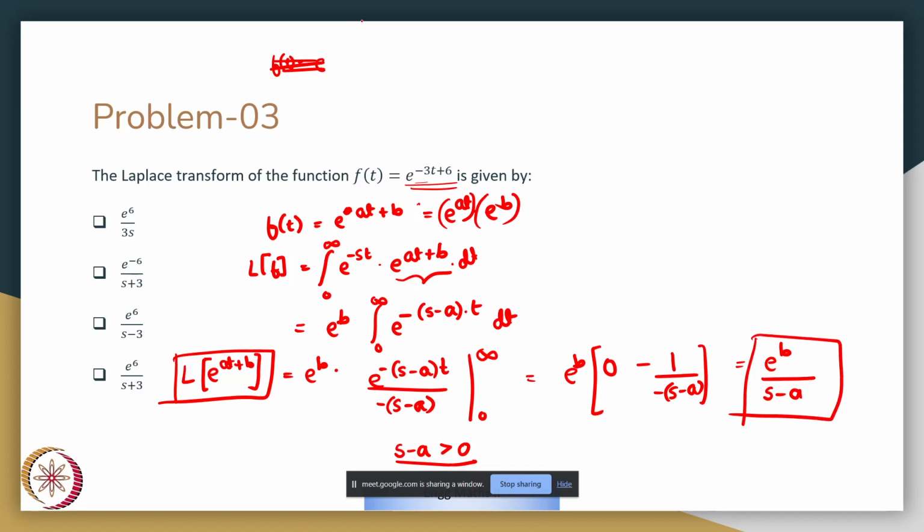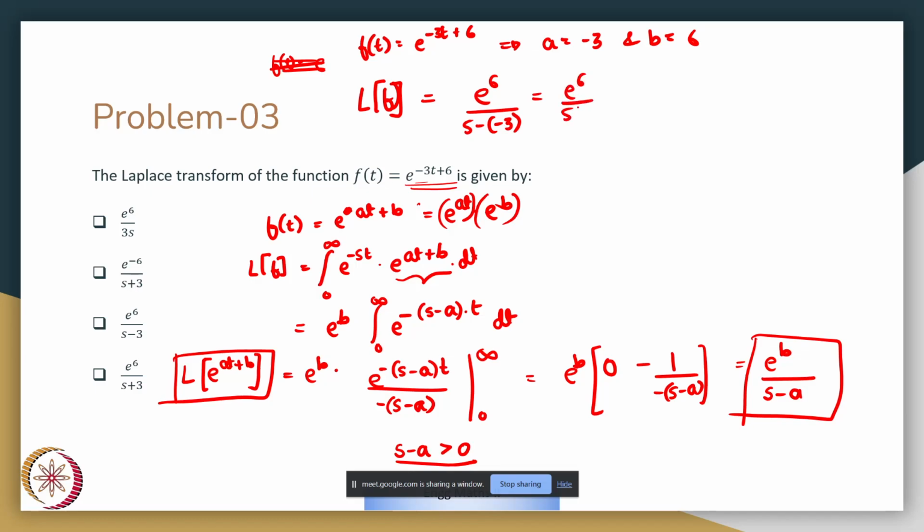For our case, f of t is equal to e raised to minus 3t plus 6, which means that a equals minus 3 and b equals 6. Therefore, my Laplace transform of f would look like e raised to 6 upon s minus minus 3, which is e raised to 6 upon s plus 3.